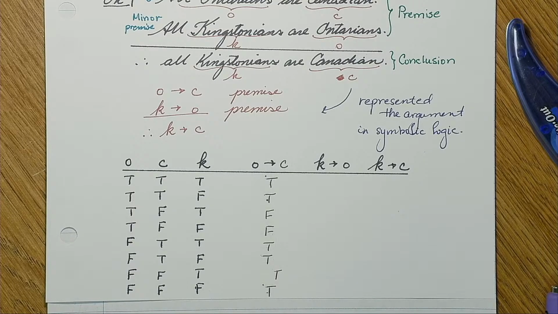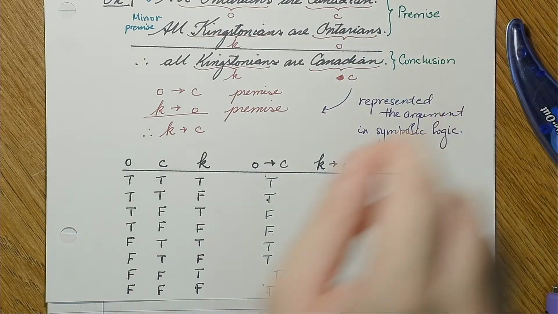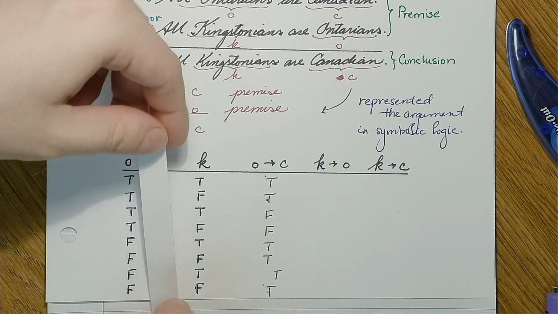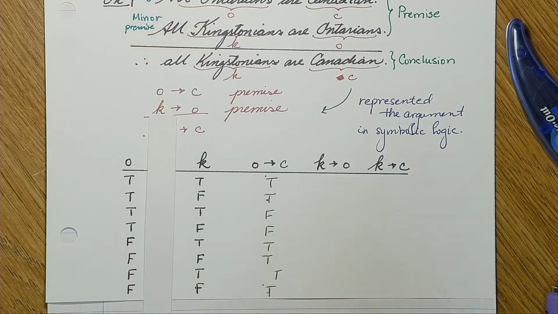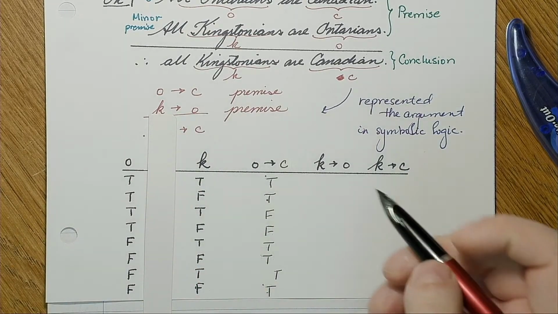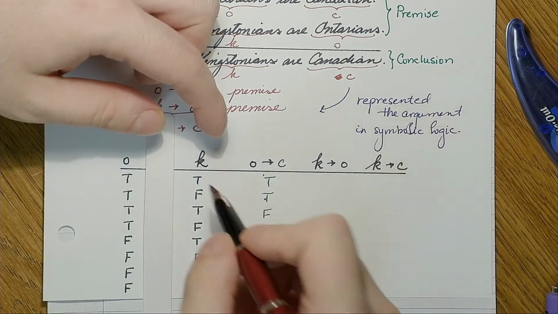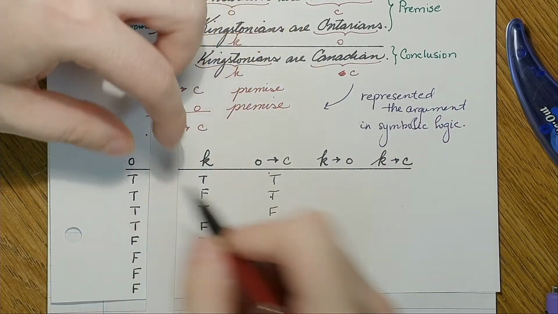All right. So what we'll do now is we have to do the K to O. So the K implies O. With this one, we're going to be looking from this column to this column.